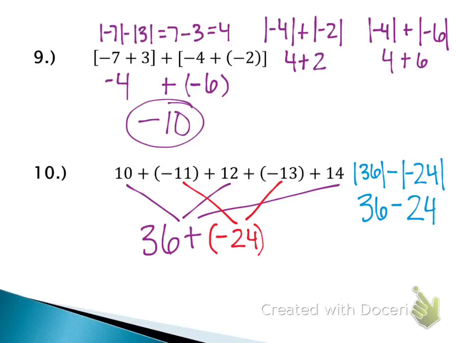We are subtracting those. That gives us a 12. So I come over here and I know 12 is part of my answer, but then I have to decide which of these numbers had the bigger absolute value. The 36 has the bigger absolute value. It was positive, so our answer is positive.